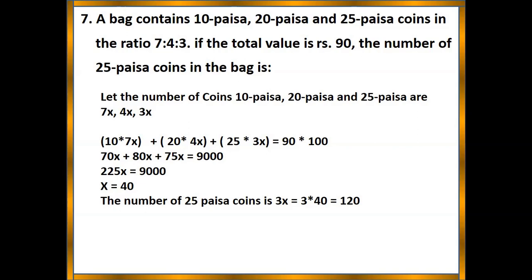How can you get 8 rupees? Number of coins 4 into the denomination 2 rupees. Yes, 2 into 4. So whenever it is 2 into 4, 2 is the denomination. Okay, the denomination is 10 paisa, and the number of coins in terms of 4 is equal to 7x.